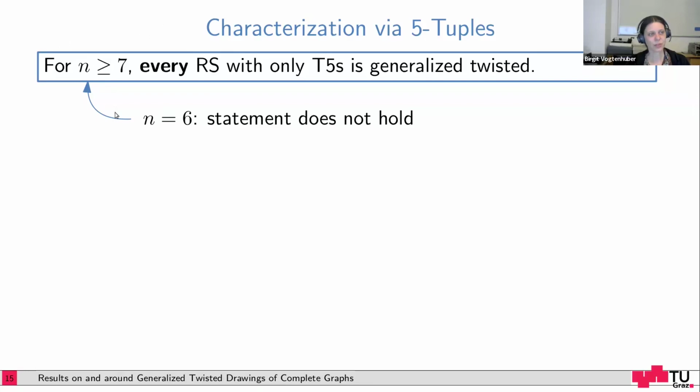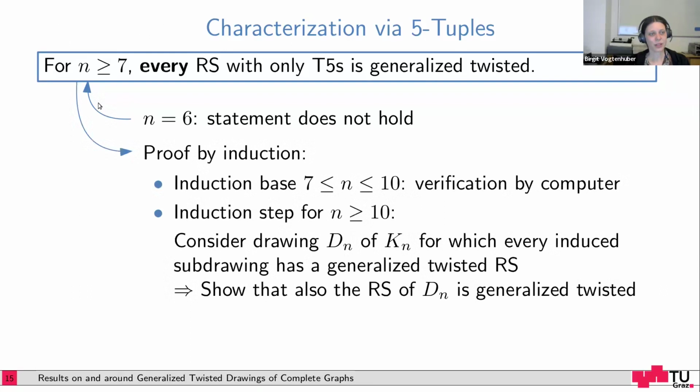And to prove this property for general n, we used induction, and we used as an induction base the cases from 7 to 10, which we verified by computer, because for the very last step of the induction step, we need a sufficiently large drawing to start off with.